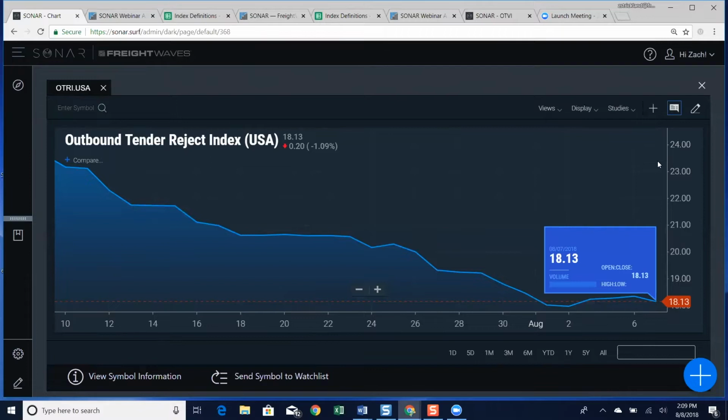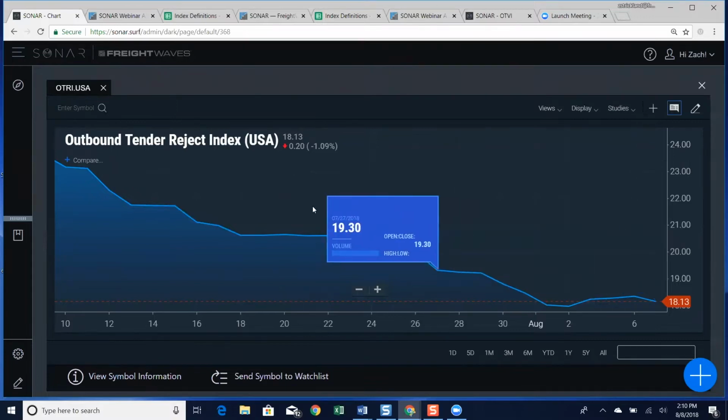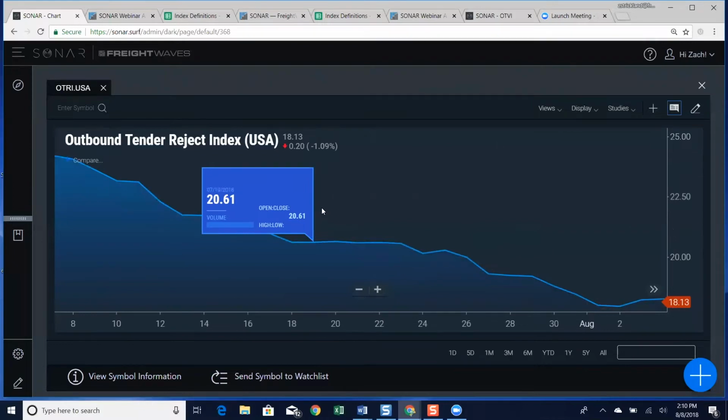That would be an 18% tender rejection index for the country. Now, 100 loads is low, that's not realistic, but it's basically the amount of loads rejected over the amount of loads offered on that day. So it's really more of a tender rejection rate as opposed to an index.